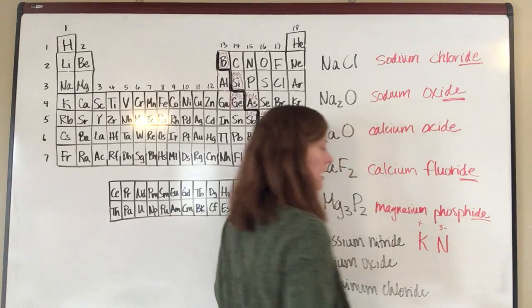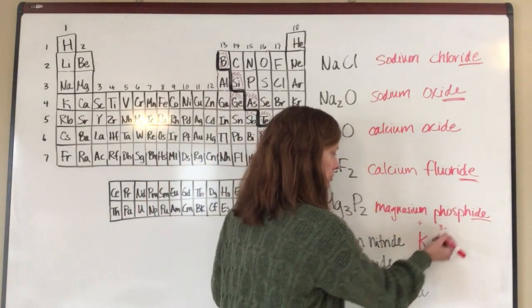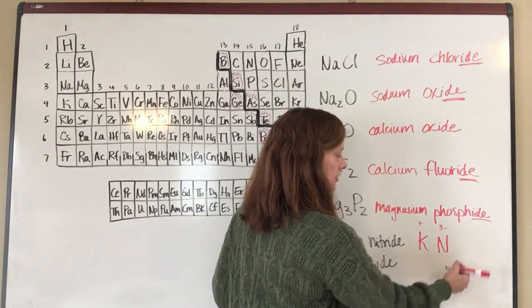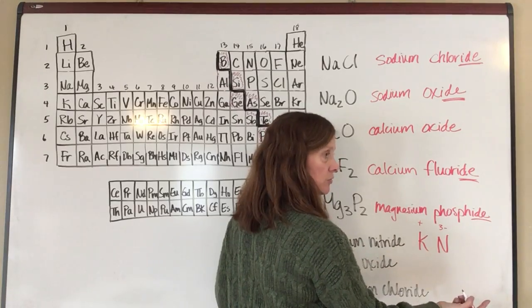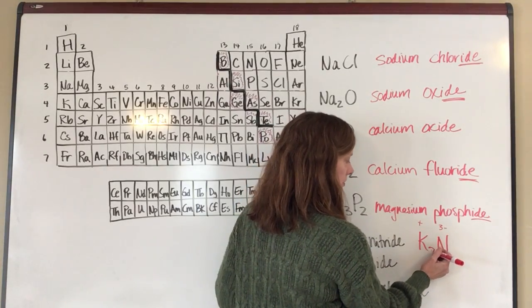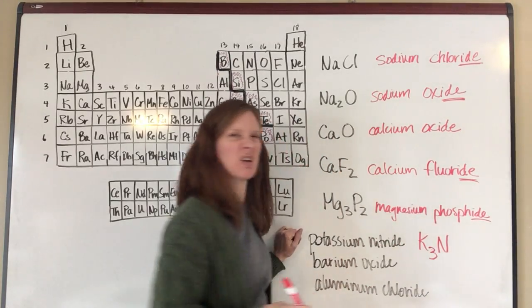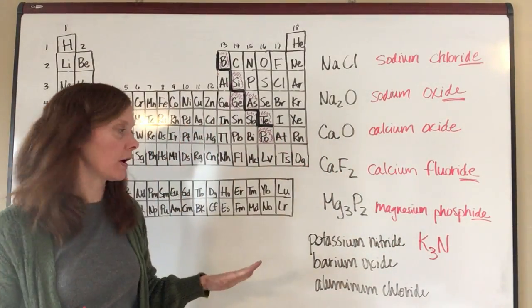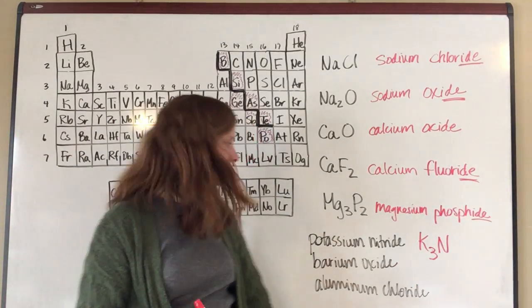And so in order to balance those out, I'm going to bring this 3 down here and this 1 down here. I don't actually write the 1, but if there's nothing written there, I know that there is a 1. So this 3 comes down here, and it becomes K3N. And then you don't want to leave the charges up there because we now have a compound. Okay, so it's K3N for potassium nitride.